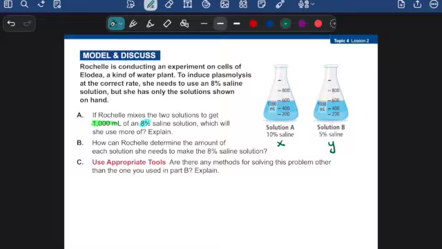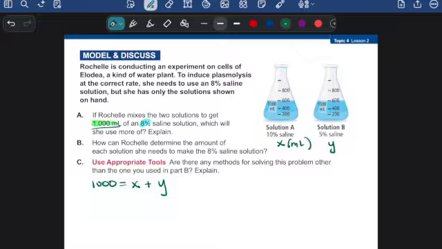So that's just in milliliters, we're talking about the volume of each. The total volume we know is 1,000, and to get the total volume, I'm going to add x and y, or the milliliters of solution A and the milliliters or volume of solution B. So there's our first equation.